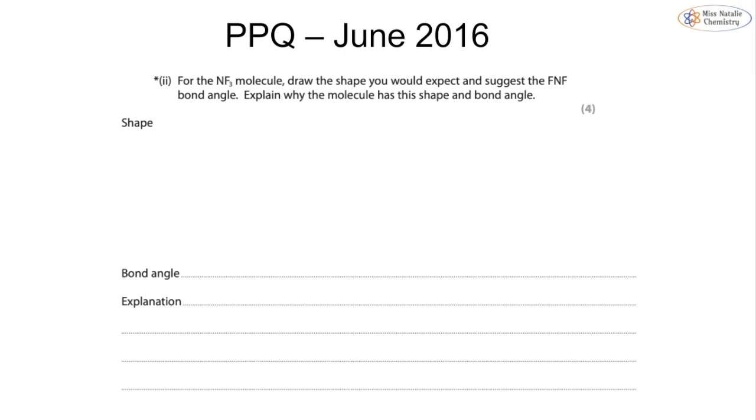So this is very similar to the one that we just looked at. So we know that the nitrogen is going to have the lone pair, and then it is going to form 3 bonding pairs, and this time we want to draw out the full shape as opposed to the dot and cross diagram.